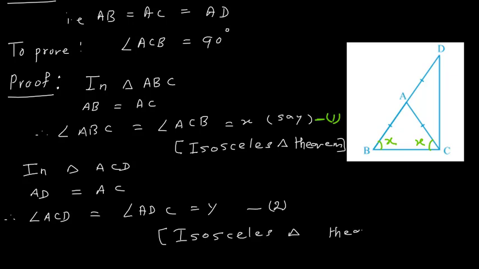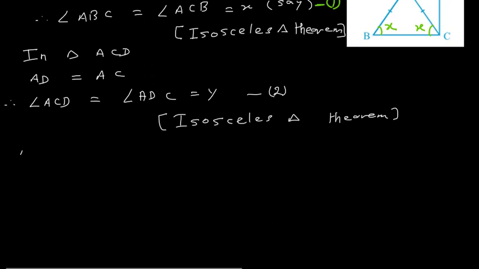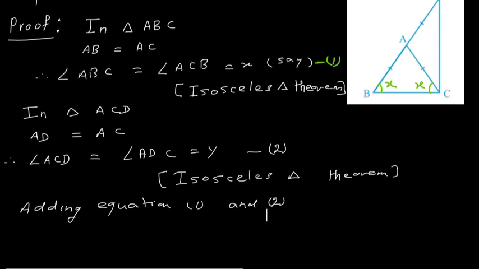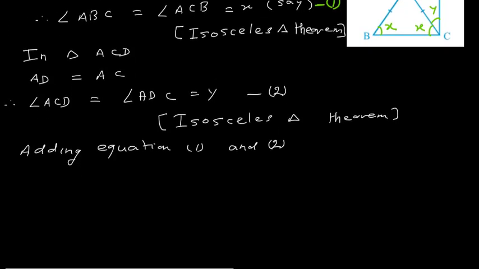Okay, now if I add equation 1 and 2, adding equation 1 and 2, so when we add 1 and 2, we get, let us first put here these two values we got as Y. Okay, so adding these two equations, we will get angle ABC plus angle ACB plus angle ACD plus angle ADC.